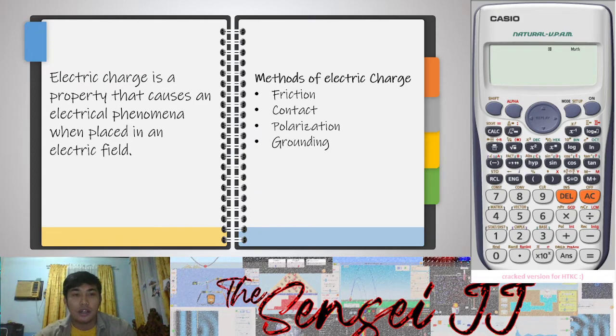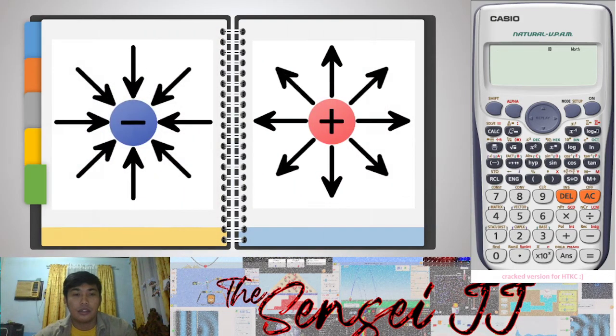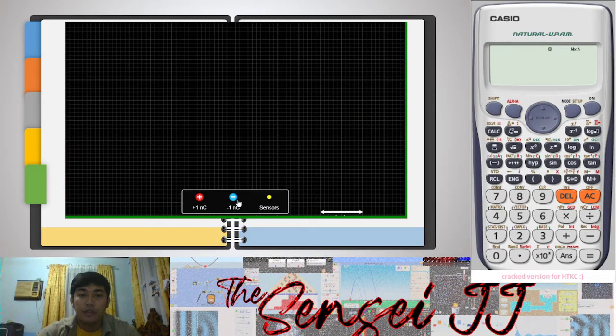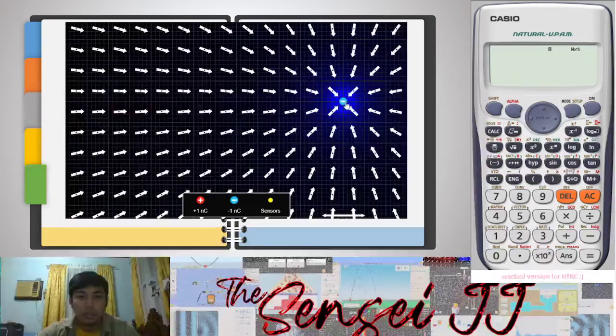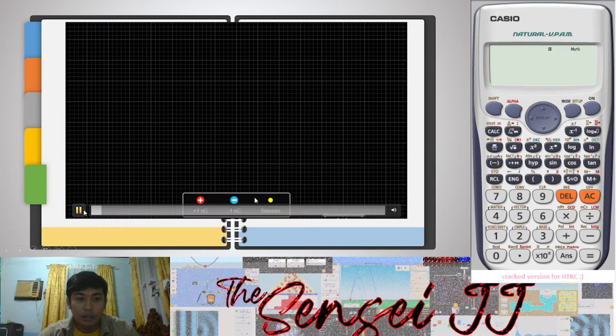Okay, so this is the one that I'm going to show you in a simulation. As you can see, the arrows are going to the negative charge and arrows are coming out of the positive charge. So here's a video of this. We have here the negative charge and the positive charge.